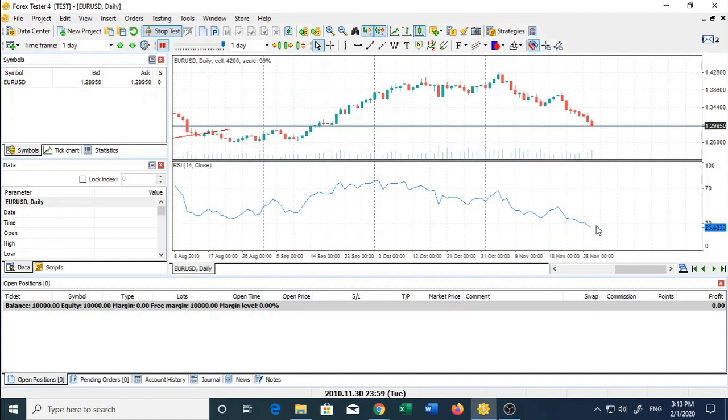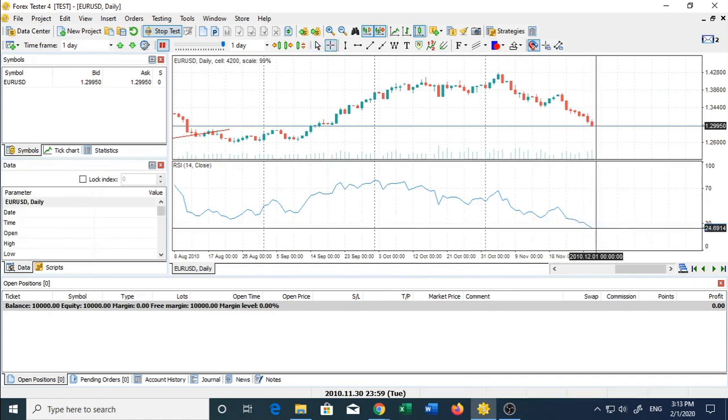And conversely, if it's in the overbought region, the next few candlesticks are likely to go downwards.